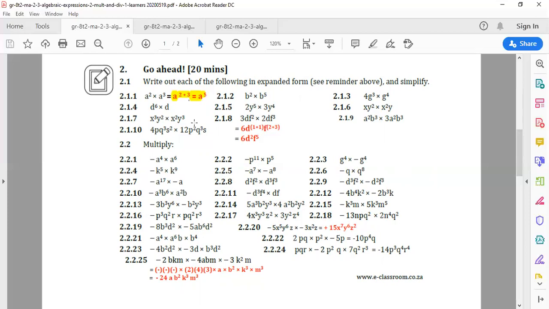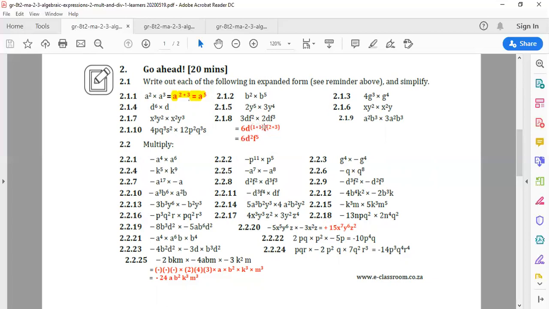Then you were given a question, 3df squared multiplied by 2df cubed. Again, first you multiply a constant, which is 3 multiplied by 2 gives you 6. D multiplied by d is actually d exponent 1 plus 1, which is 2, so it's d squared.